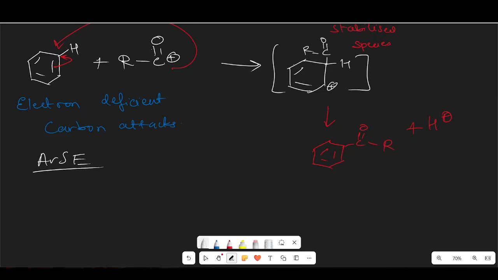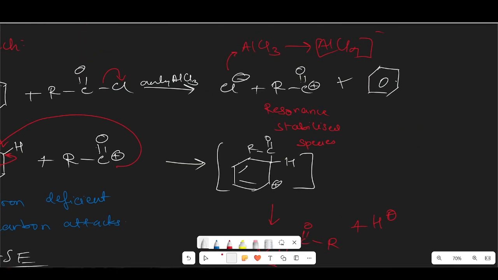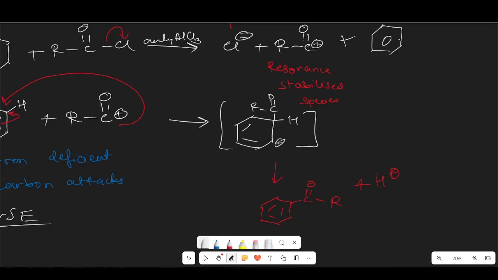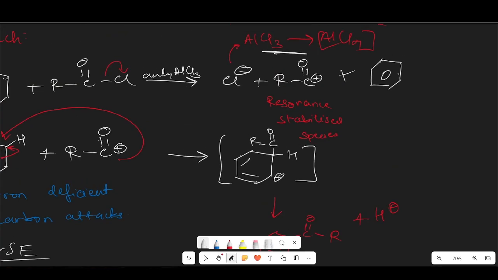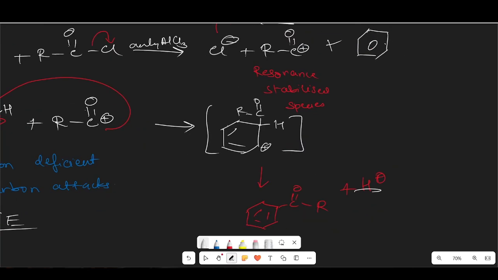ARSC is aromatic electrophilic substitution. So in every ARSC, you will see this step. You see this step here, and you will see this step here. This proton coming out and hitting that nucleophile catalase complex, liberating that fluoride, forming HCl. This is the end of this reaction.